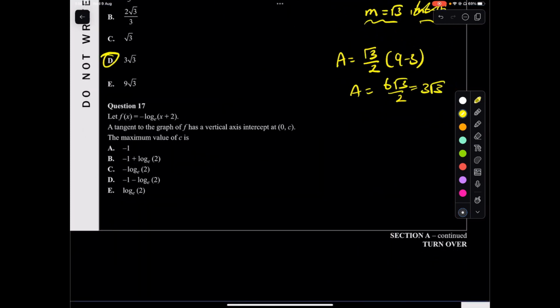Question 17, let f of x equal this. A tangent to the graph of f. So we have a tangent to the graph of f. So let's just draw this because it's so confusing. I can straight away see this confusion. Okay, so let's just draw this graph. Well, it has a negative 2 at negative 2. And it goes like this. A tangent to the graph of f has a vertical axis intercept at this.